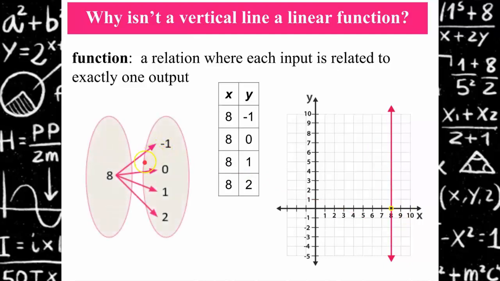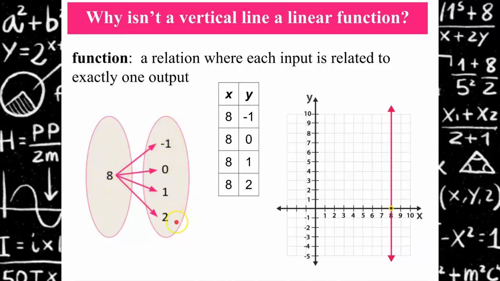When we draw a mapping diagram, every input, our whole domain, this is our set of inputs, each one is 8. There is no other input in this domain. They're all a value of 8 for every point on this line. 8 can map to -1, 8 can map to 0, 8 can map to 1, 8 can map to 2. So we call this our mapping diagram, okay? And keeping in mind, again, there's only one input.